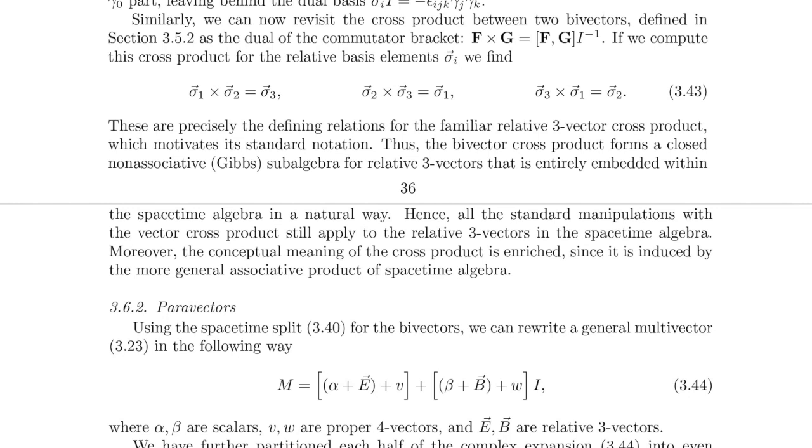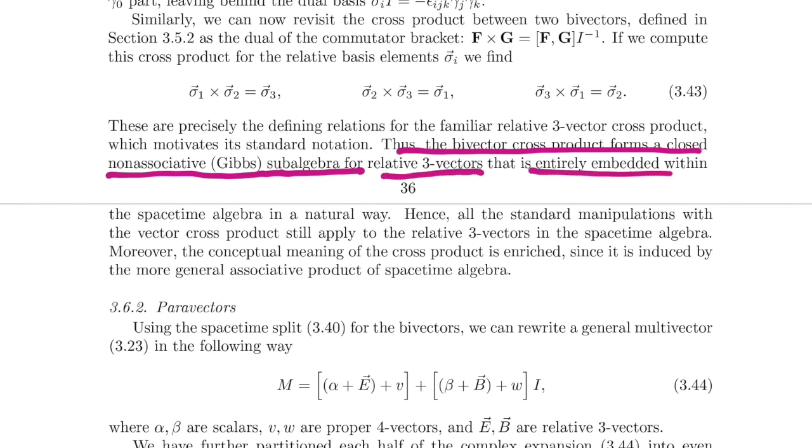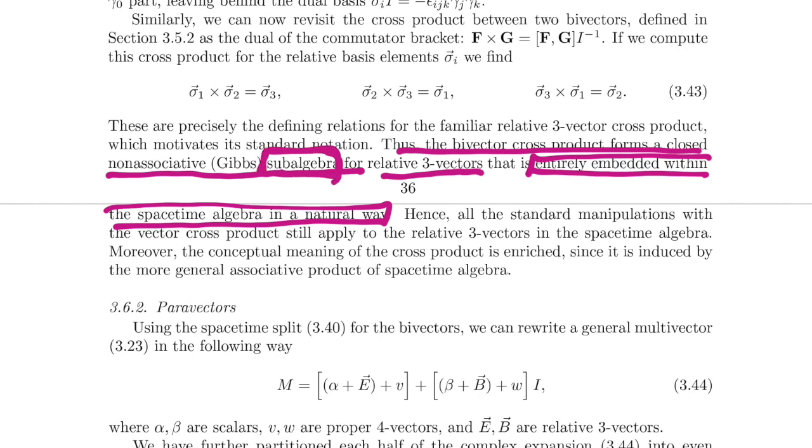And the way they actually say it, they say the bivector cross product forms a closed, non-associative Gibbs subalgebra for the relative three vectors that is entirely embedded within the spacetime algebra in a natural way. Well, it's definitely an algebra that's embedded within the spacetime algebra. There's no doubt about that. Subalgebra, I don't know.